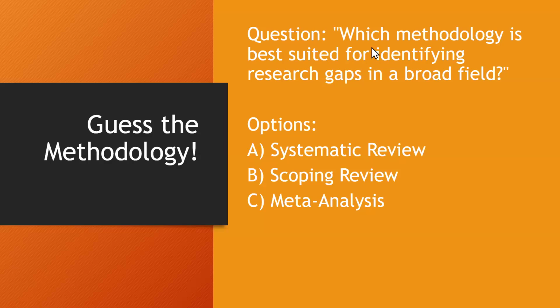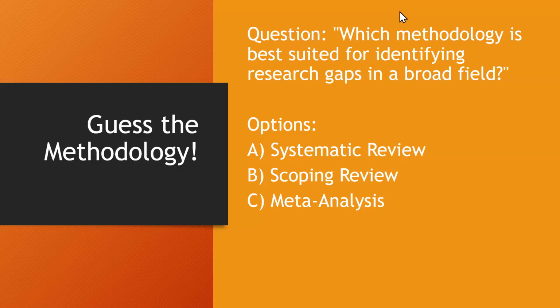Okay, I'm going to unmute Evangeline. In the chat, I wrote systematic review, but I read the question again and saw "broad field," so I want to revise it to scoping review.